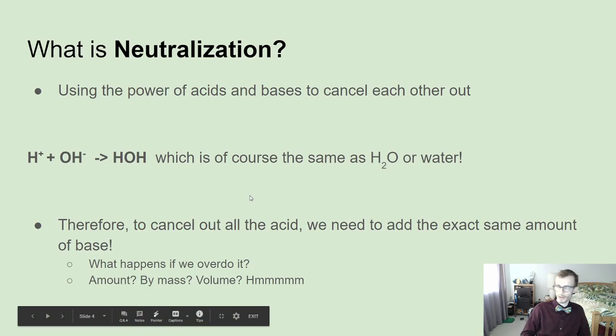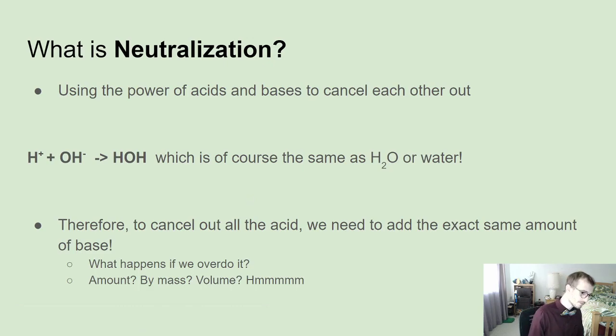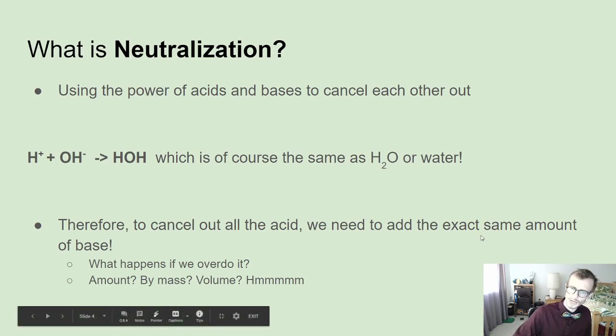Well, if you've learned about concentration, you know that volume itself doesn't always reflect how many chemicals are dissolved inside of it. If I have a really concentrated solution, I don't need much volume, versus if it's really weakly acidic, then it would take a very large volume before I have very many. So it's not really clear how we're going to add the same amount of two different things.